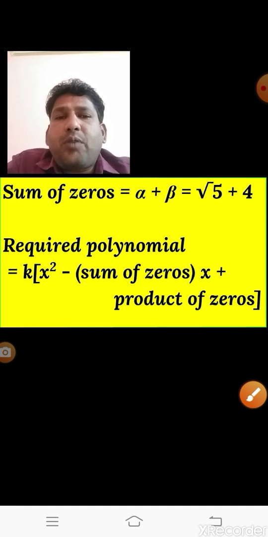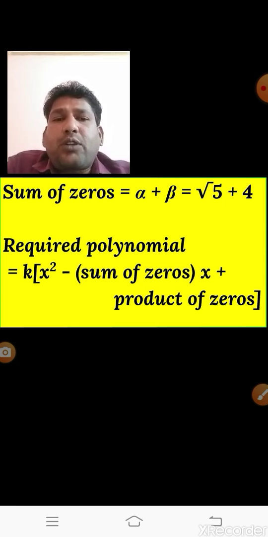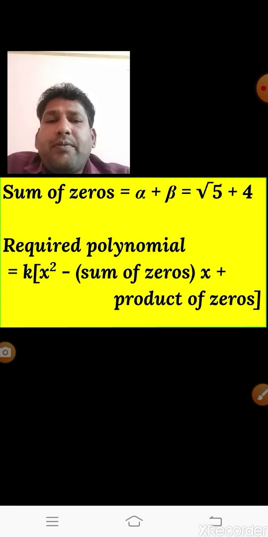Now we have to form a quadratic polynomial. For that we need the sum and product of zeros. The product of zeros is given in the question as 4 root 5.